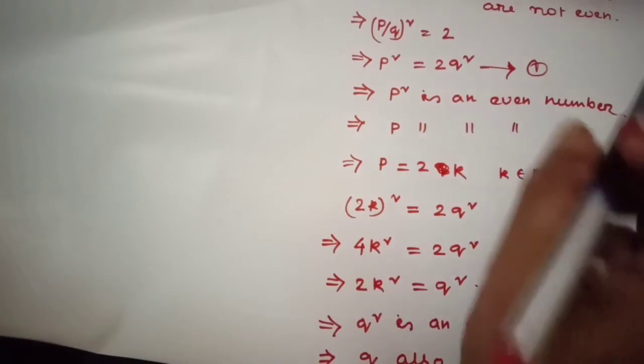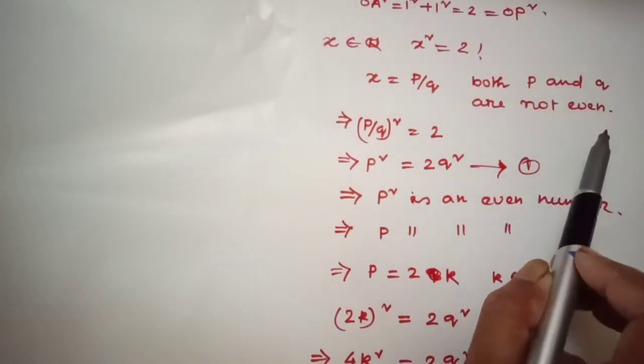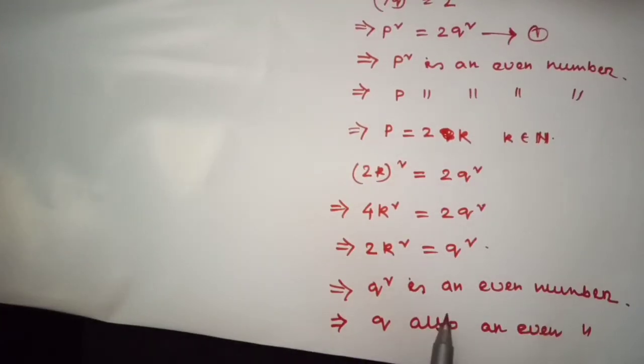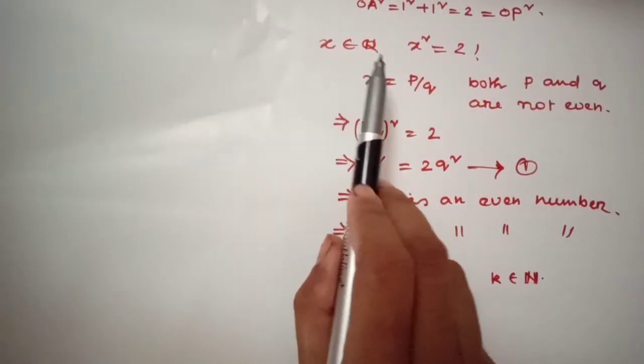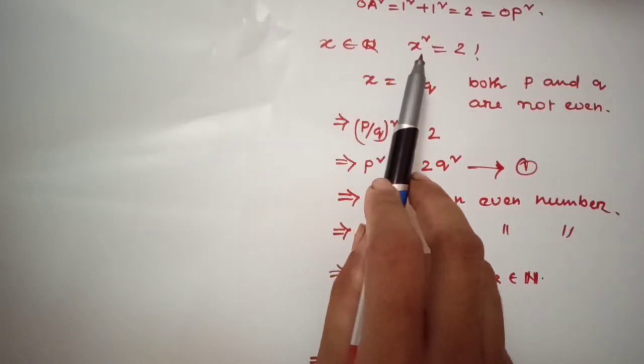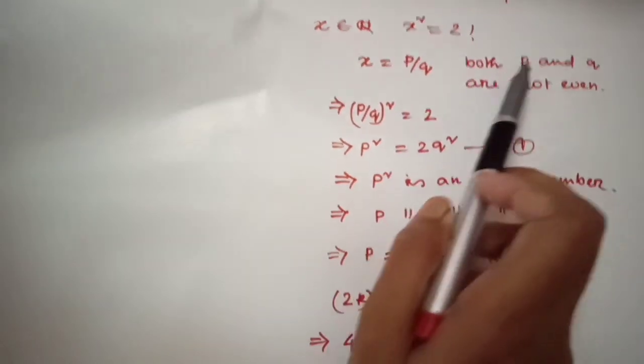But we assumed P and Q are not both even. So this leads to a contradiction. So there is no rational x such that x square equals 2. Have you understood?